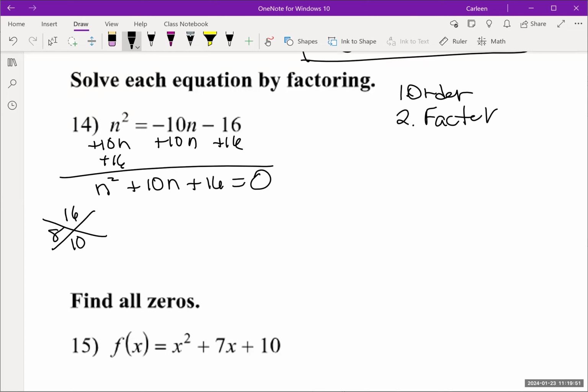How about 8 and 2? Okay, put in order. Factor. What's next? Starts with S. Split.